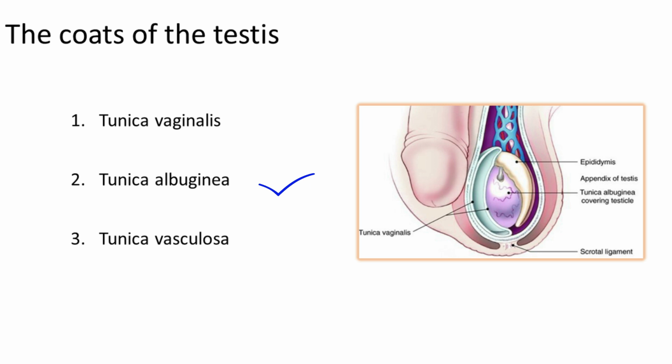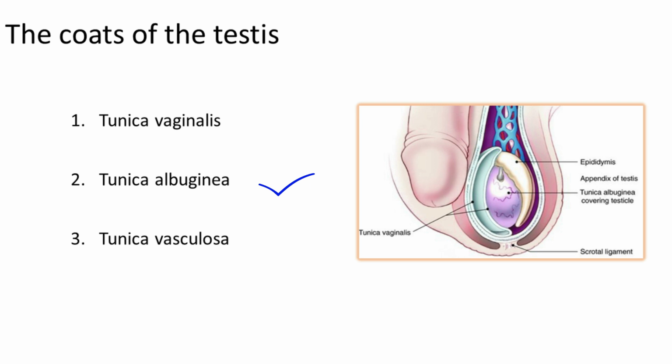This coat sends delicate connective tissue septa into the interior of the testes to divide it into 200 to 300 compartments, that is lobules.